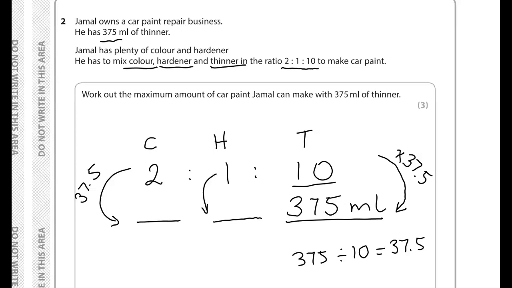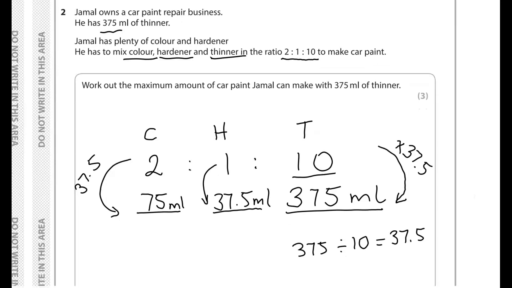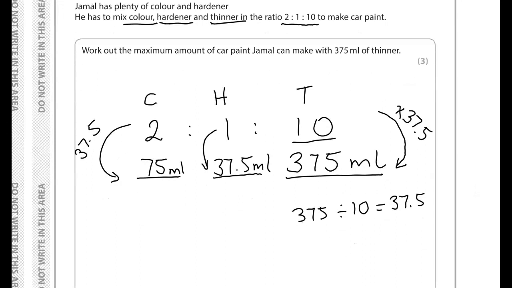1 times 37.5 is 37.5. 2 times 37.5 gives us 75. So we've got the amounts of each of these.